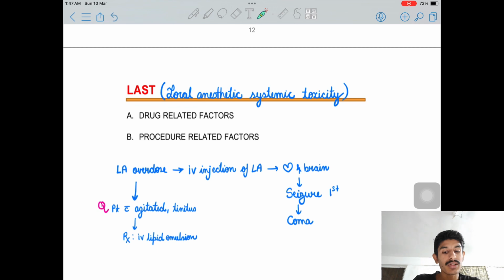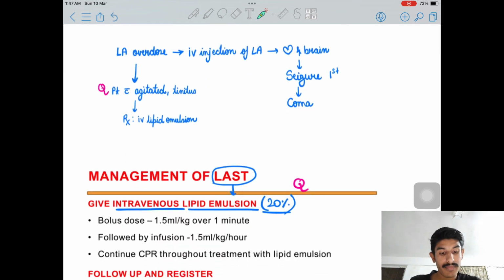So at that time what will you do? As you give more local anesthetic, the patient will have these problems. The patient will start hesitating, tenesmus will be there. At that time you should take intralipid IV injection and give it to the patient IV, because it will save the patient from dying. So treatment is like an antidote for that.